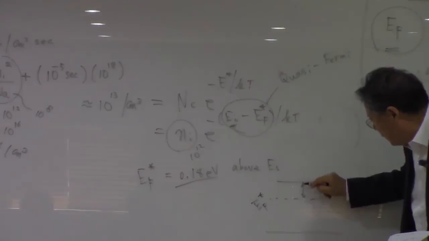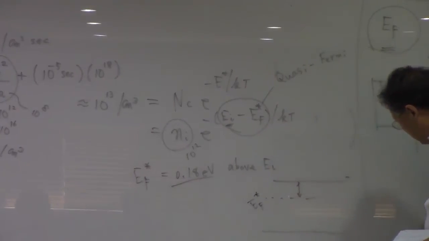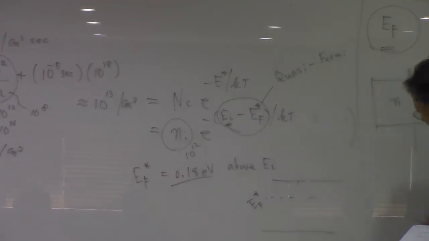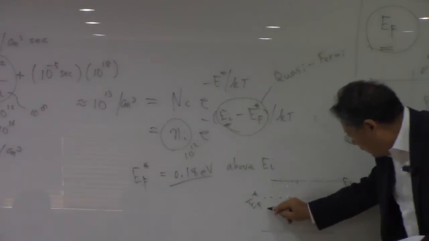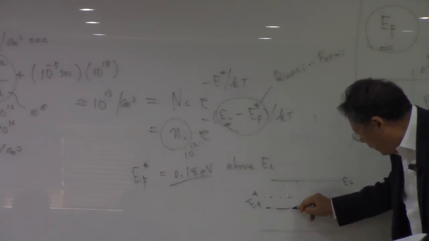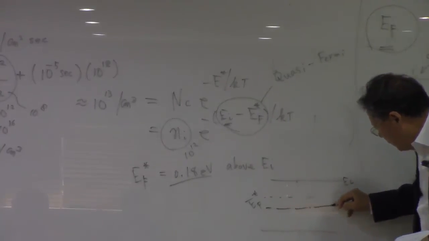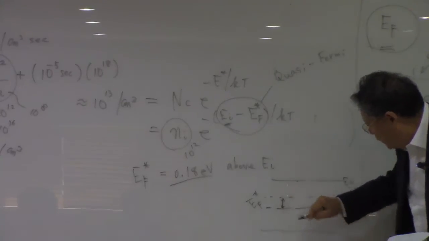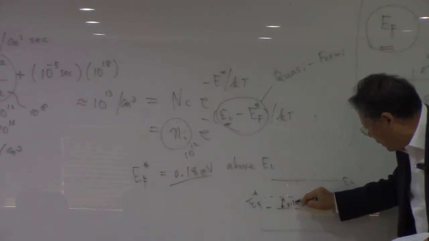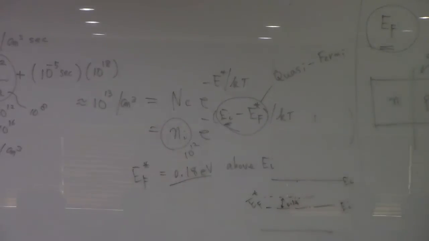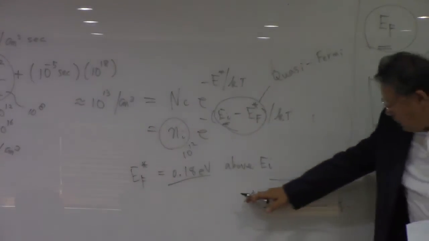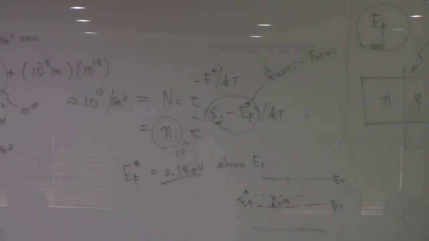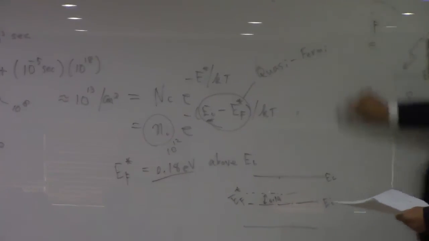And the distance from, this is the conduction band, but the intrinsic level is somewhere here. That is Ei, and the distance is 0.18 according to the calculations. And we call this level the quasi-Fermi energy level. All right? We can do the same thing for the hole.